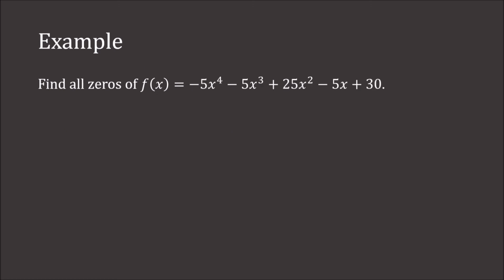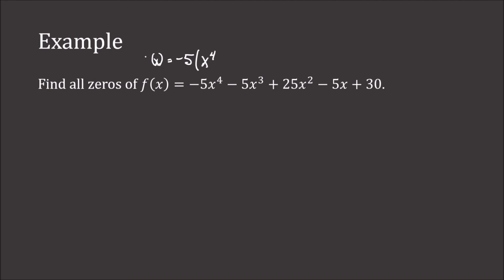We will now look at finding all of the zeros of negative 5x to the 4th minus 5x cubed plus 25x squared minus 5x plus 30. Now, in this case, let's simplify this.